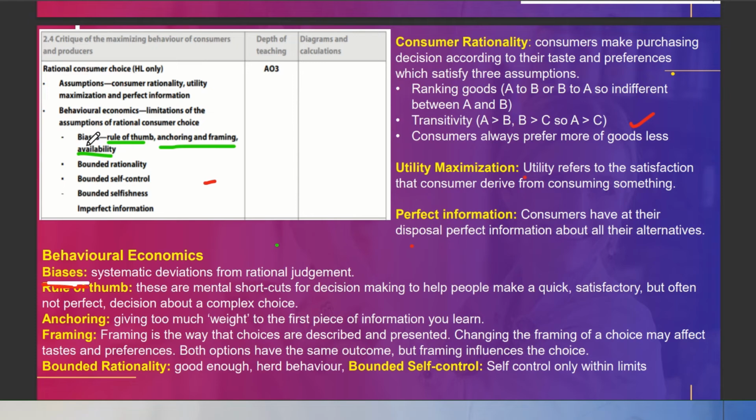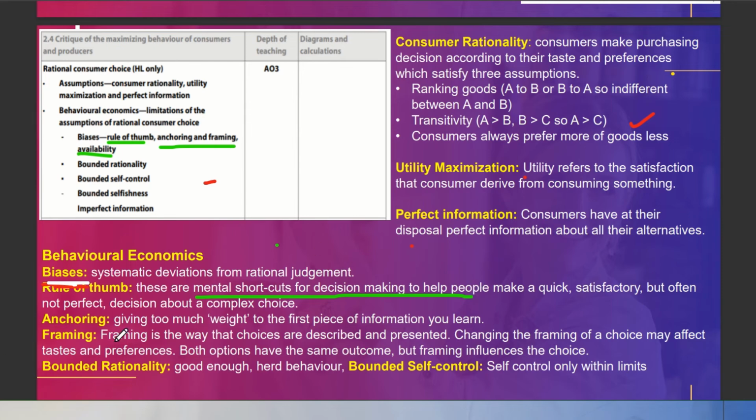Rule of thumb means mental shortcuts for decision making, which are very quick and satisfactory. They will always prefer a particular thing, and they may even take an imperfect decision. They will take a quick decision without knowing detailed information about the product in certain cases. That is the rule of thumb.